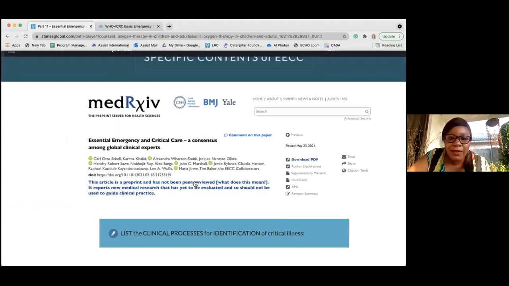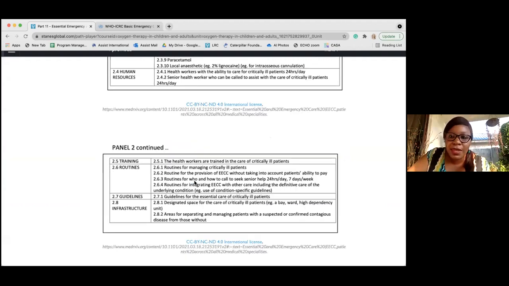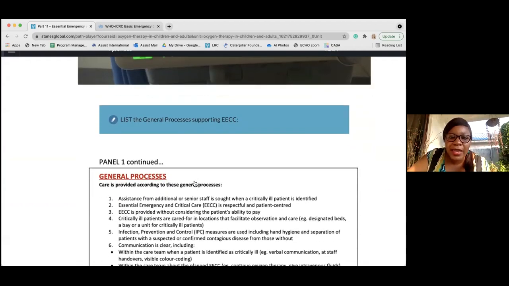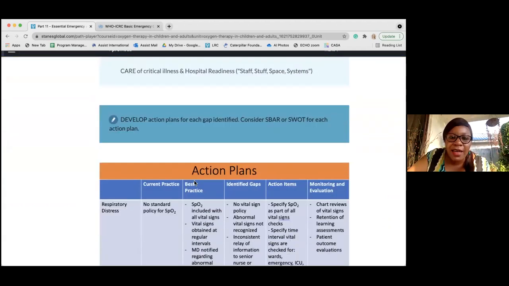So going back to today, I think the key practice change objectives for today were to define what acute care is and where it can be given, what critical care is and where critical care can be given, and what is the difference between time critical care and intensive care.